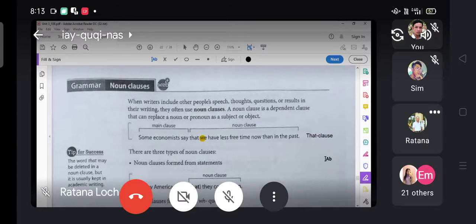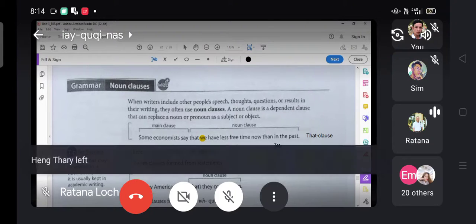Adjective clause, we have some kind of that clause too, but noun clause is clearer than adjective clause because every noun clause we have to use that. We have other words that show the noun clause, such as a WH question, but often and always we use that clause.